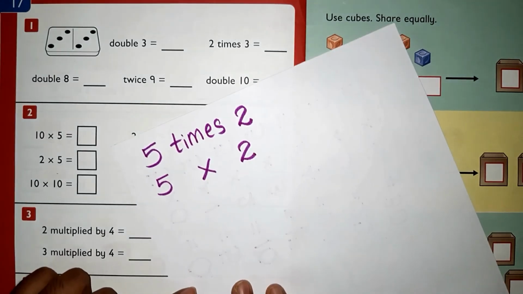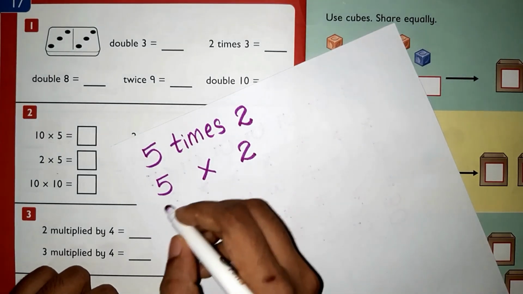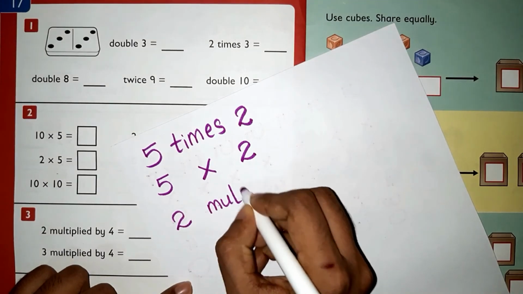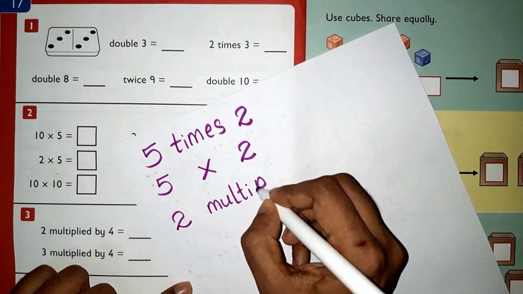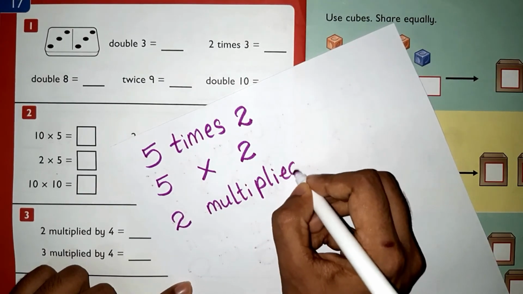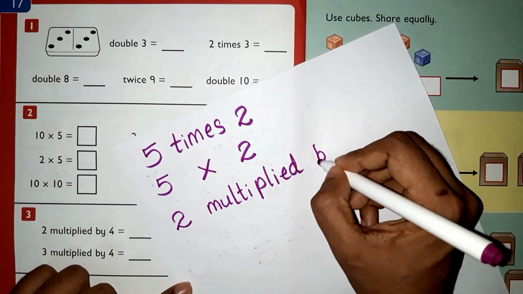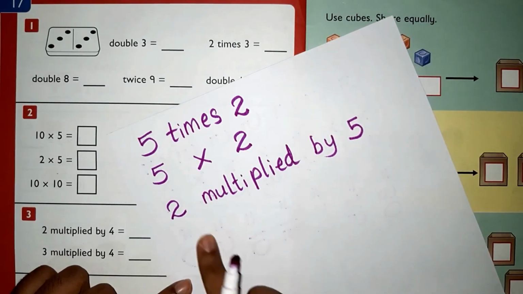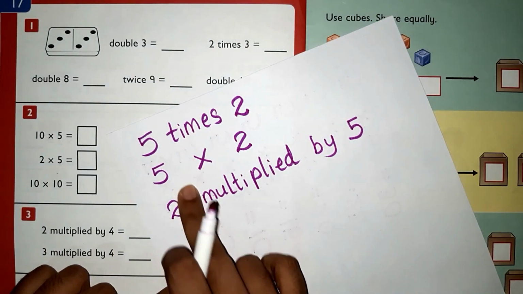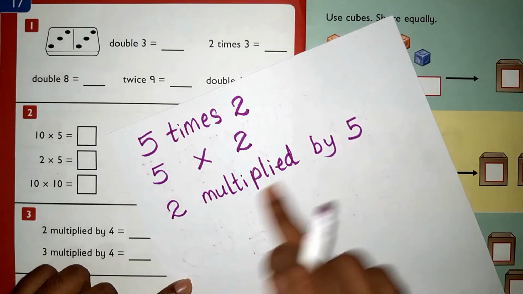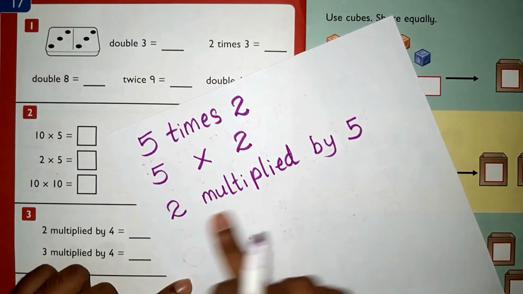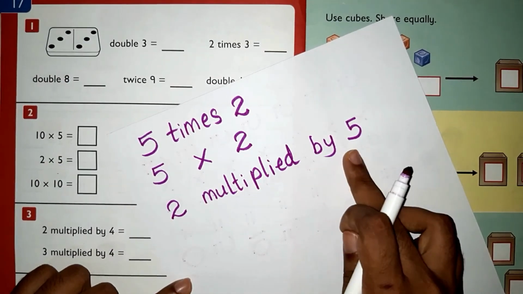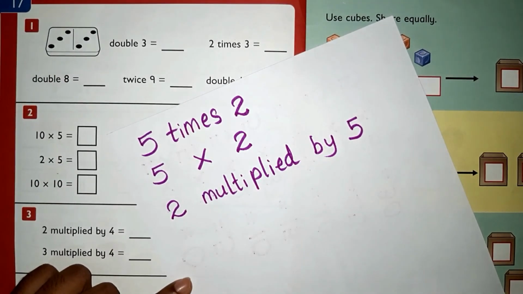And also we can write the same thing, 2 multiplied by 5. It is the same thing, it doesn't matter if the numbers are changed here. 5 multiplied by 2 and 2 multiplied by 5 is also the same thing.